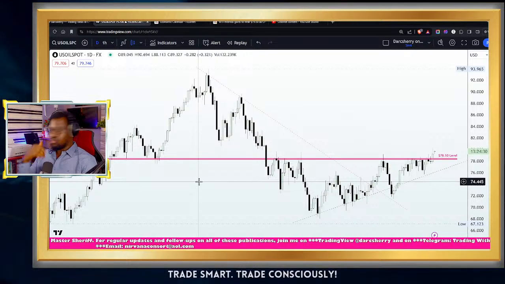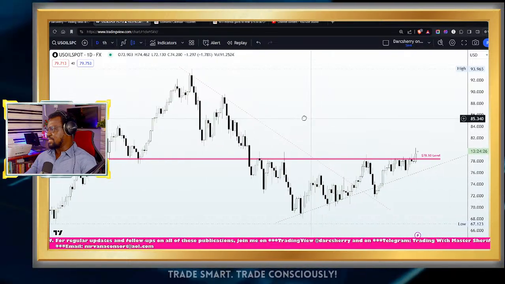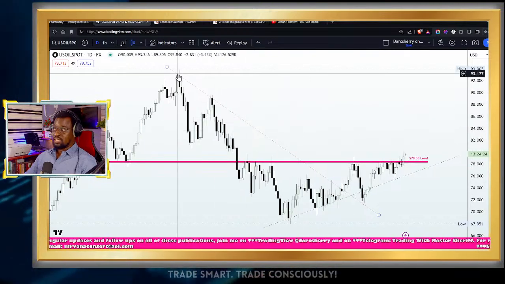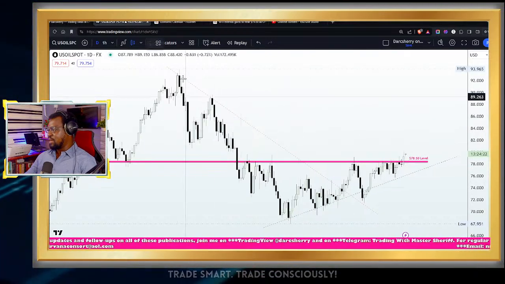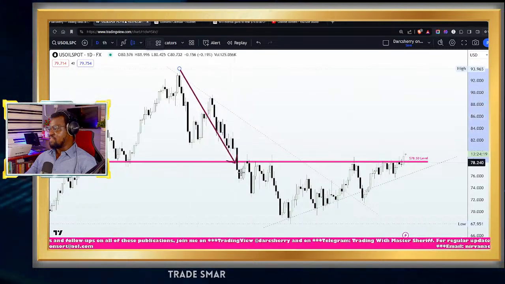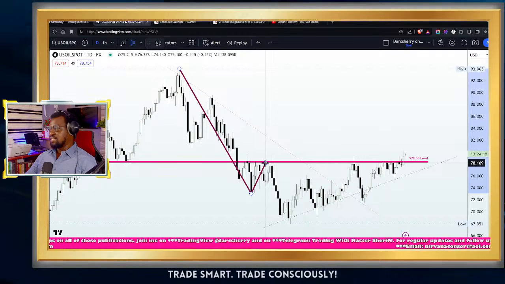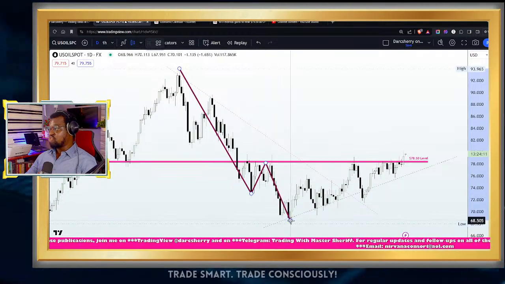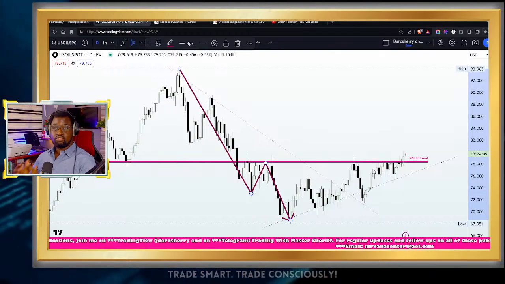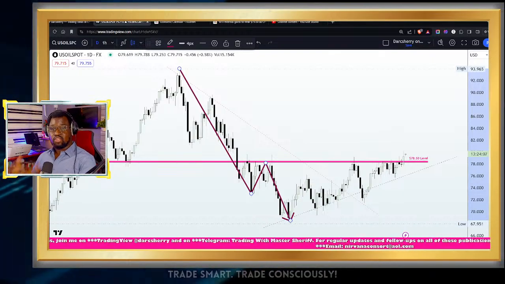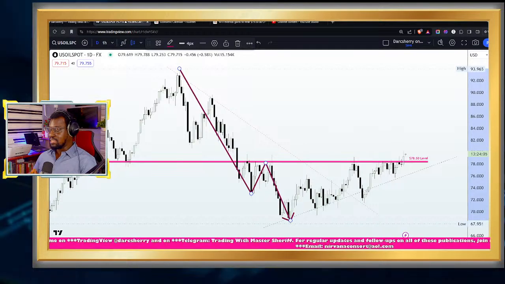Now, let's quickly run through what we saw in the form of a reversal pattern. If you look at the structure since the month of September, we saw how price action dropped significantly, breaking down that key level at the $78.50 level. And since the month of November, price action has been trading below that key level, further emphasizing the strength of the sellers at this point in time.